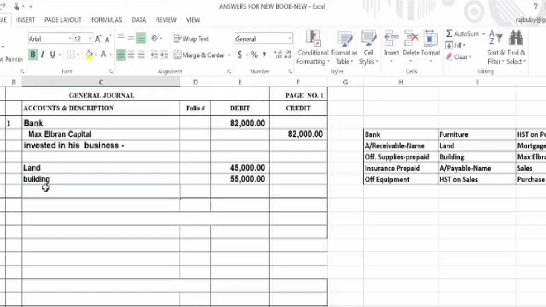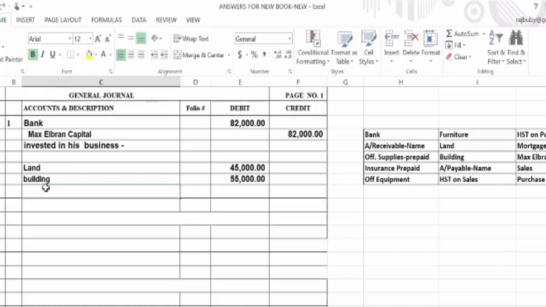How many accounts are affected by this? I think four. The bank, land, building, and mortgage payable. You have to use the chart of accounts. There's a different one for land and building, right?